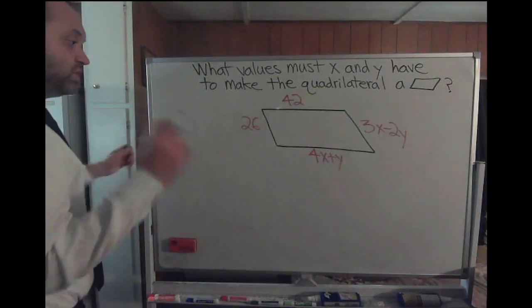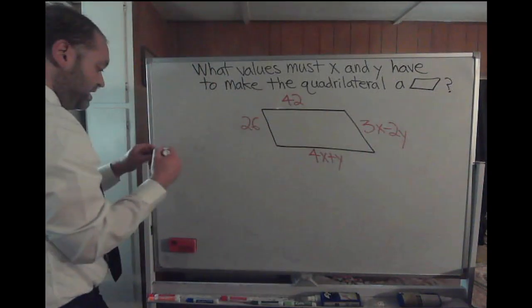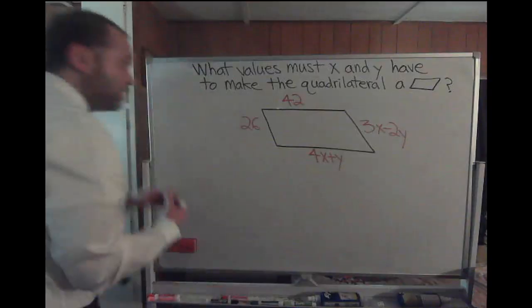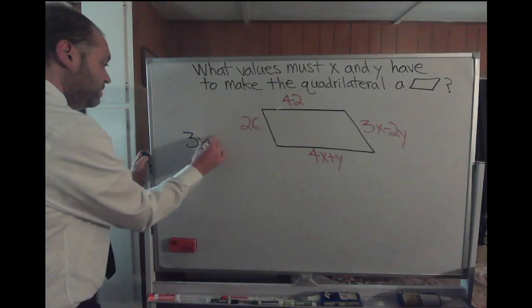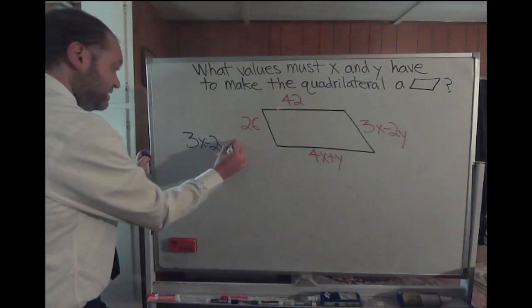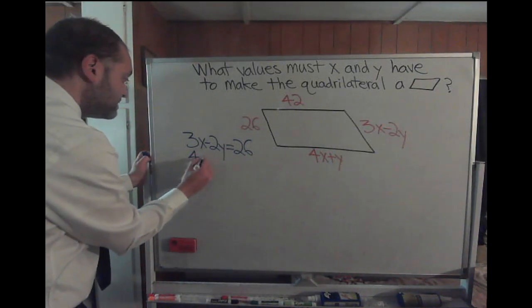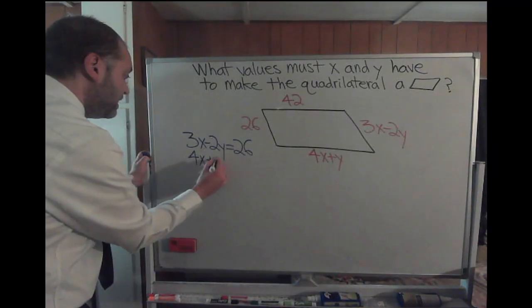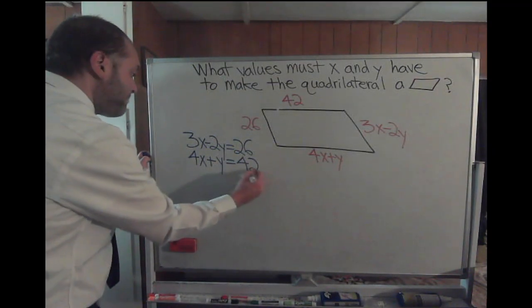So you would start with 3x minus 2y. Whoops, let me write a different color. Start with the fact that 3x minus 2y would equal 26, right? Then the next fact that 4x plus y would equal 42. Okay?